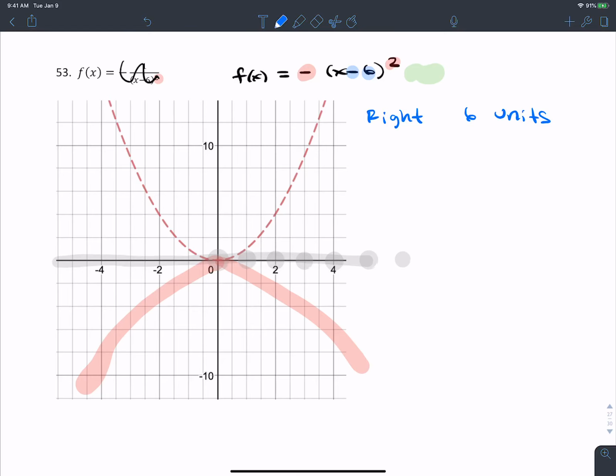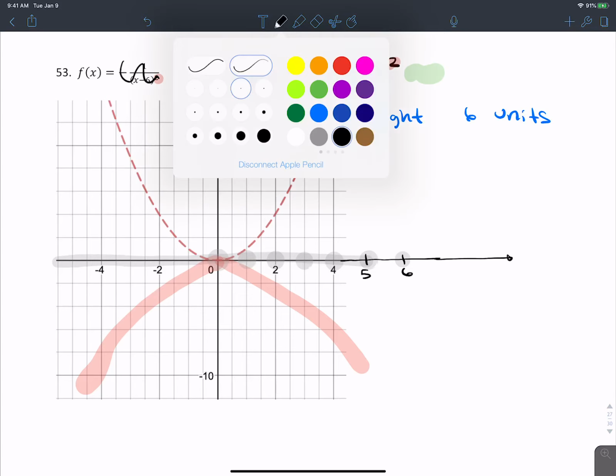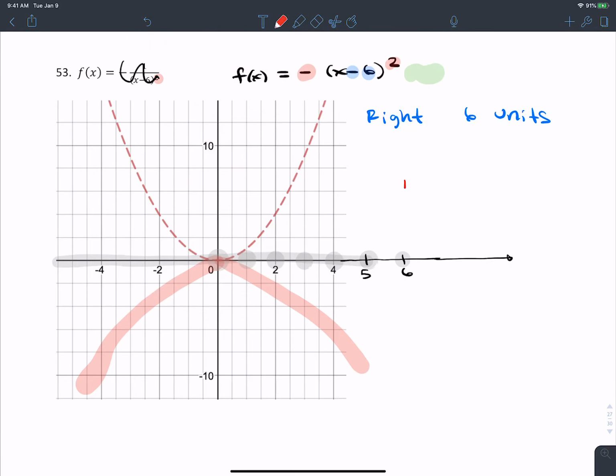If we did have an extension here, let's draw an extension. This would be 5, and this is 6. Since I'm moving every point to the right 6 units, that means your y-axis is also going to the right 6 units. So you look like this. This is my new y-axis here.